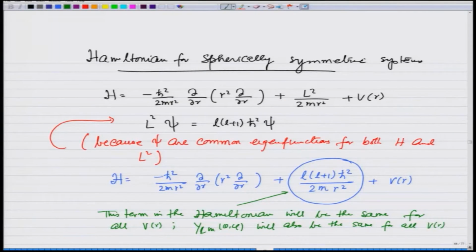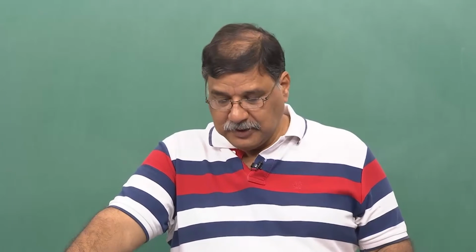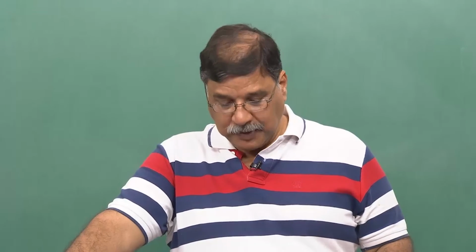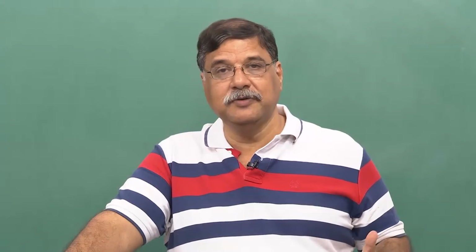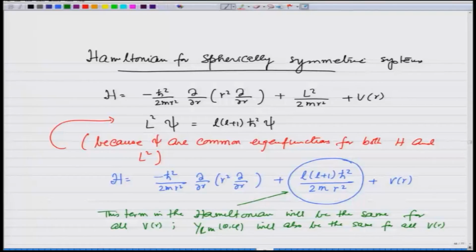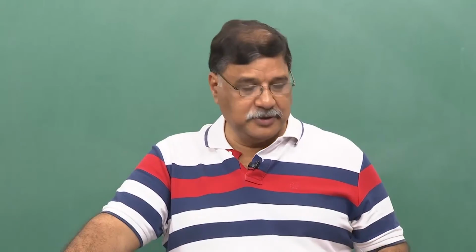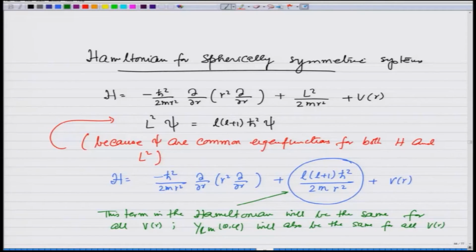This we will see in more detail in the next lecture, but this is how the Hamiltonian gets simplified, and what you see in this is that now we are expected to solve only a differential equation which is for r. The theta phi components have been taken care of. So, because of spherical symmetry, the problem gets simplified.